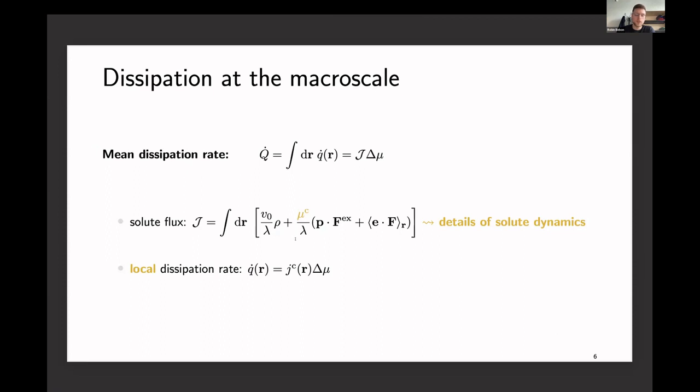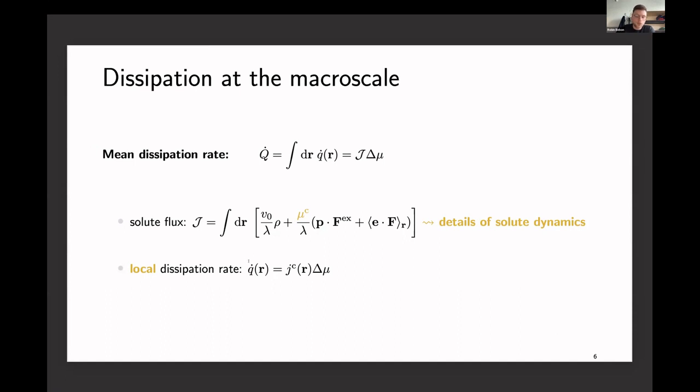And as we've seen before, this solute flux still depends on the explicit solute degrees of freedom through this chemical mobility here. Another major benefit of the systematic bottom-up construction that I've shown you is that we can identify an unambiguous local dissipation rate. So this is this k dot, that is small q dot here.